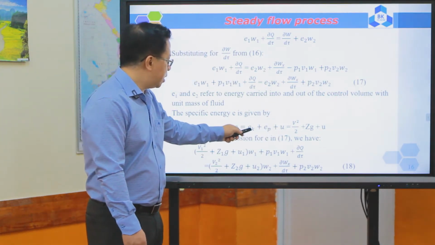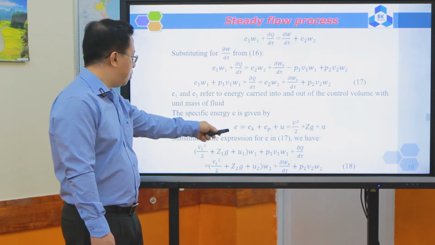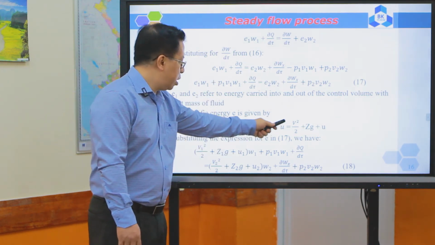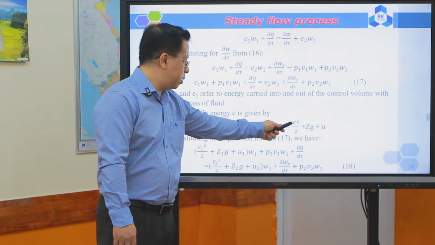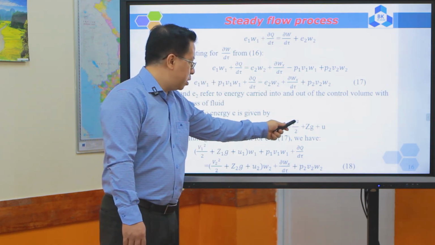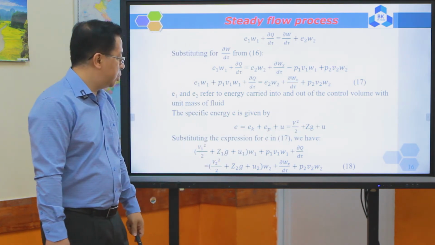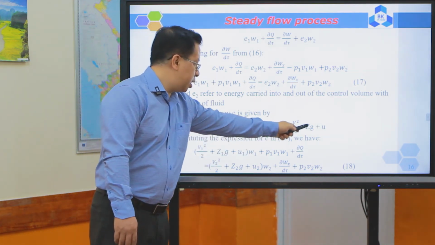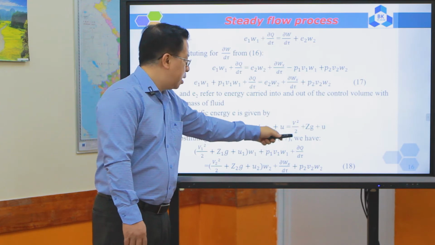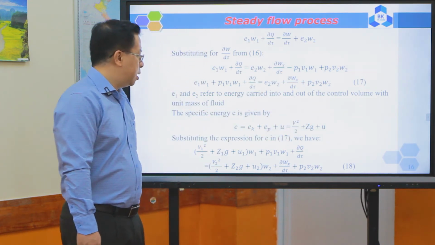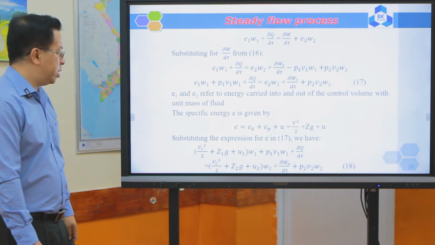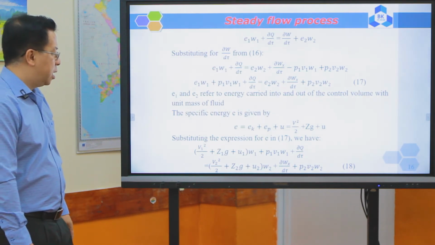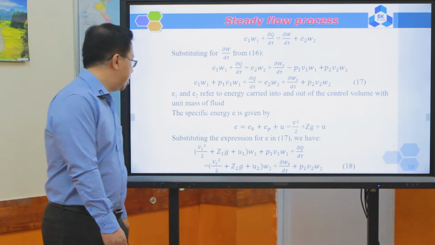Because we write this formula for 1 kilogram, the kinetic energy EK equals V squared divided by 2. For the potential energy, Z is the elevation, and g is the gravitational acceleration, and u is the internal energy.